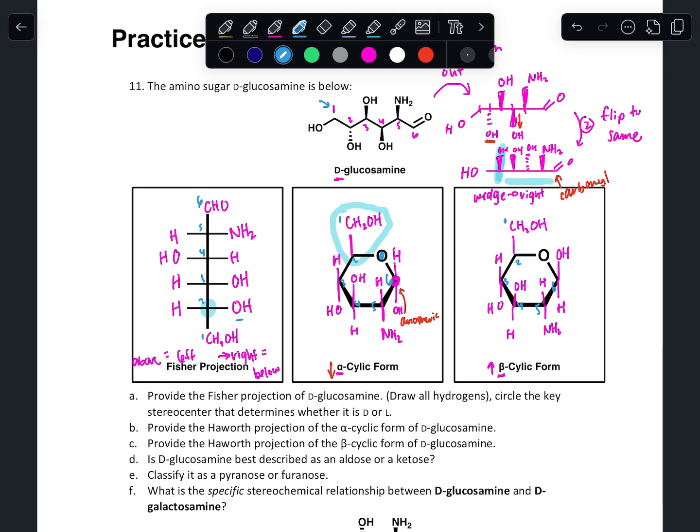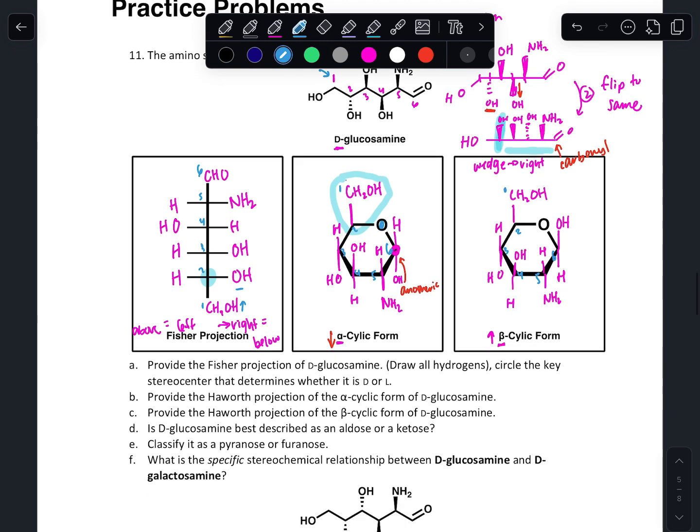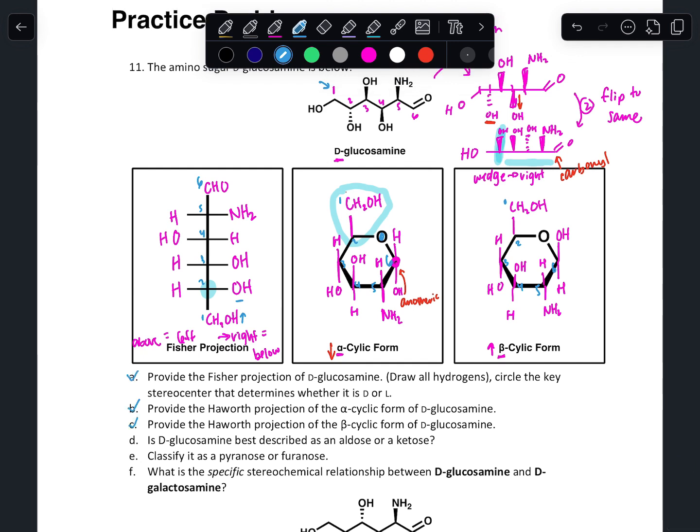So if it is on the right, it goes below, which means our other substituent, the CH2OH, will go up. We can number on the beta form as well. And there our carbons are all numbered the same. So that's the Fisher projection and both of our cyclic forms.